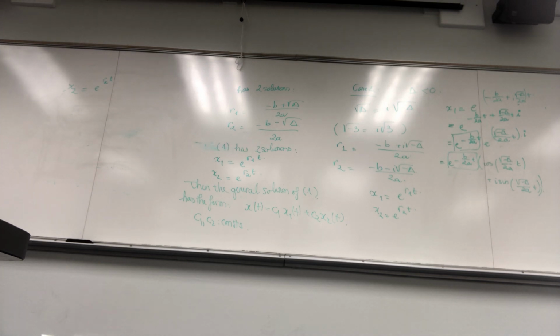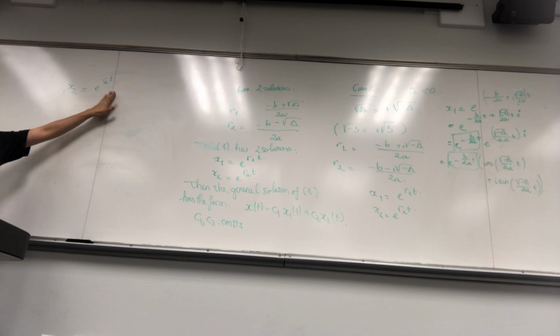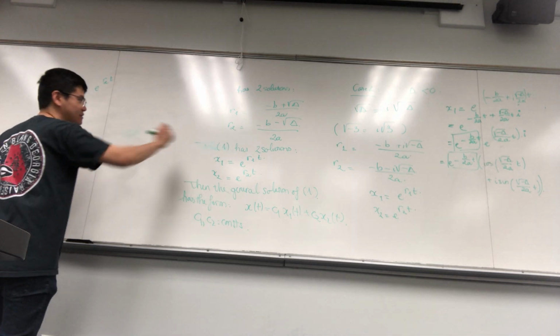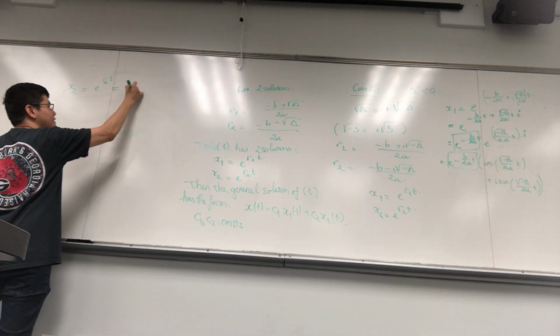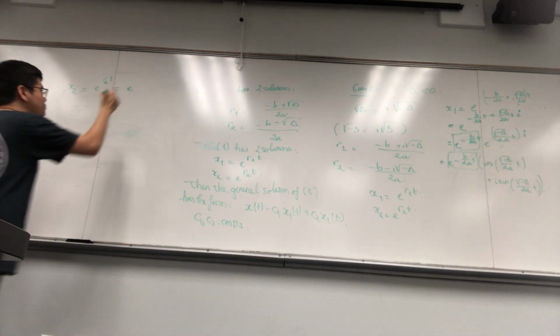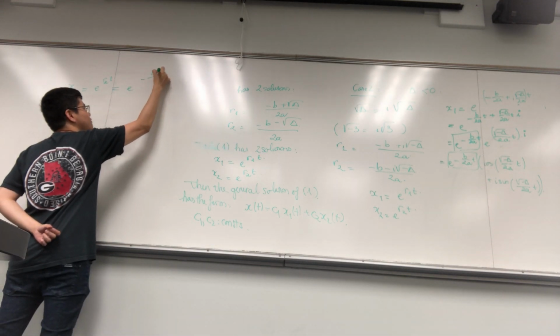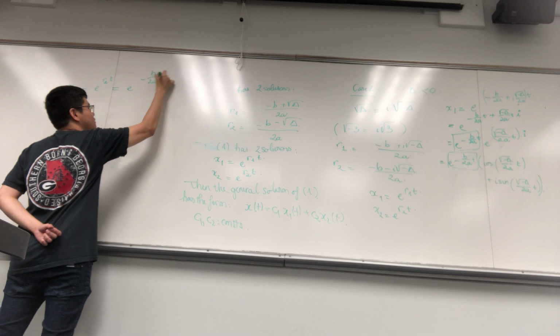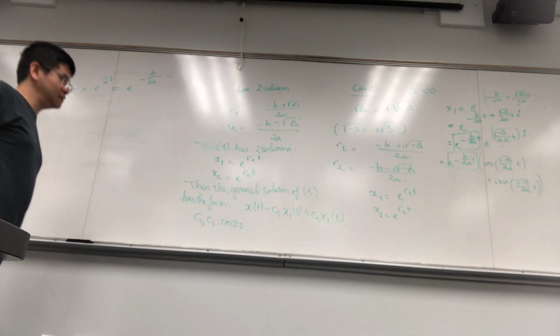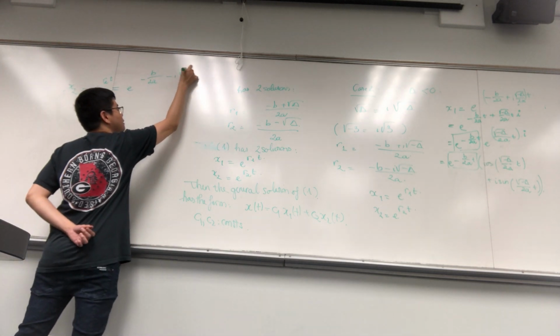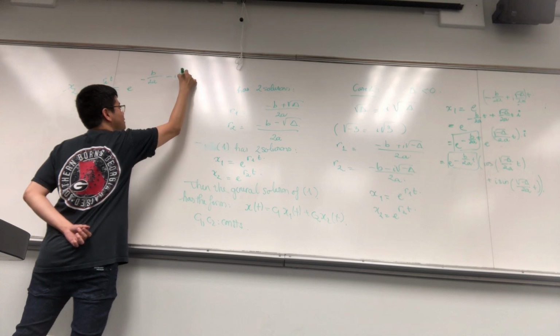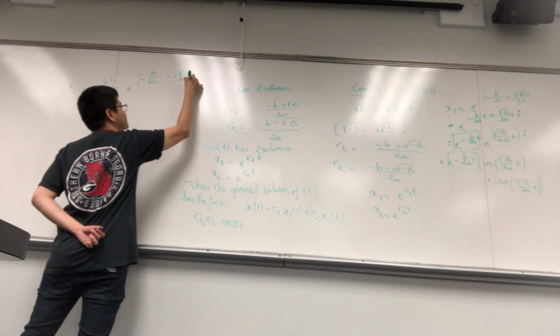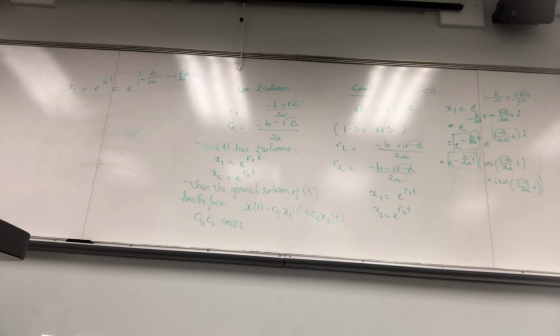You're going to use the same method. So first you're going to write that in terms of the real part and the imaginary part. So you have e to the power minus b over 2a times t. The only difference is the minus sign.